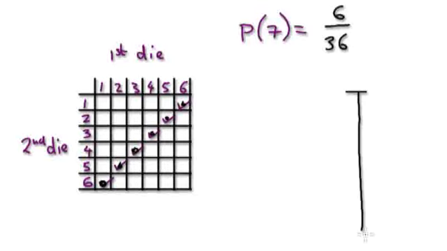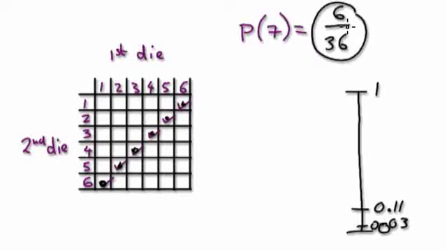Okay, so if you draw your diagram here, 0, 1 here. Remember last time it was 0.11 and 0.03, I think. Well, let's get a calculator out and convert this into a decimal.